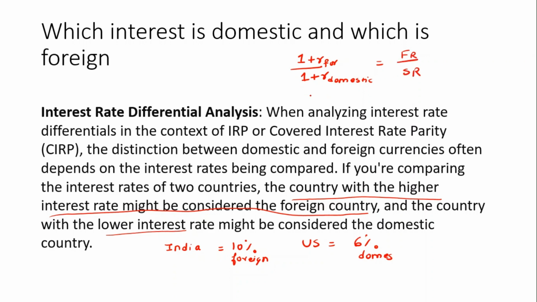This is what we have done. So I'm going to write the foreign one, which is higher, so 1.10 divided by 1.06. That's what it is. So hope this will help you identify what I should put as numerator. In the numerator, you will always consider the higher interest rate, and the lower interest rate, consider that as domestic and put that in the denominator.